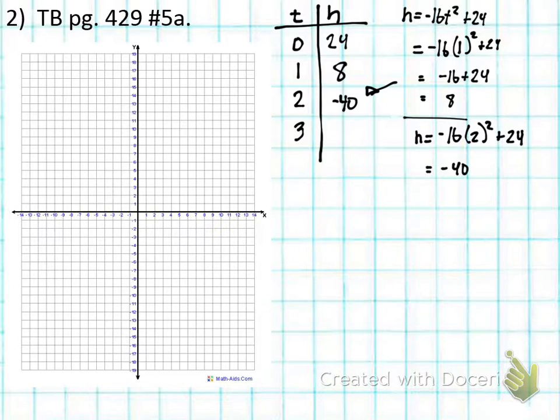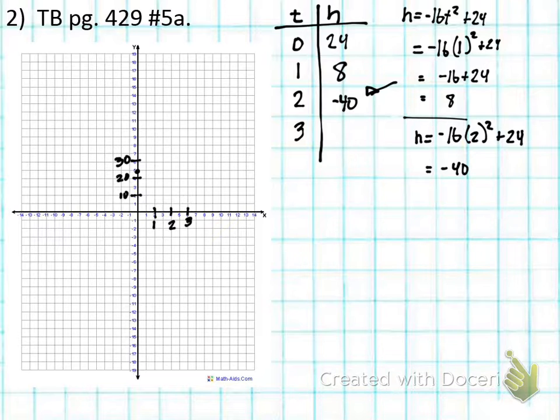Okay. So I'm going to make my graph still as 0, 1, 2, and 3, and then we'll do this again. Why don't we use 10, 20, and 30, right? Make a smaller graph. Okay, so 0, 24, we're going to put our point down. Then we have 1 second.